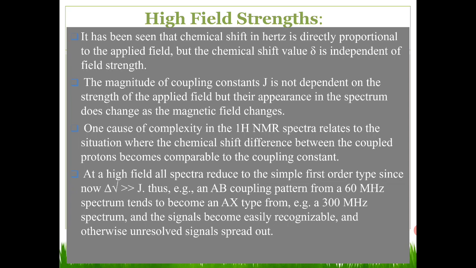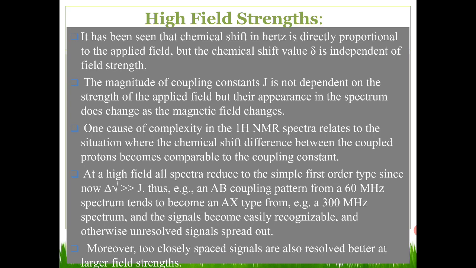Thus, for example, these are some terms related to first order spectra: an AB coupling pattern at 60 megahertz tends to become an AX type in, for example, a 300 megahertz spectrum, and the signals become easily recognizable, and otherwise unresolved signals spread out. So if you use high field strength, chemical shifts that are comparable will become far beyond comparable.